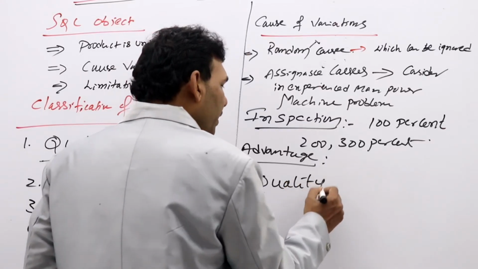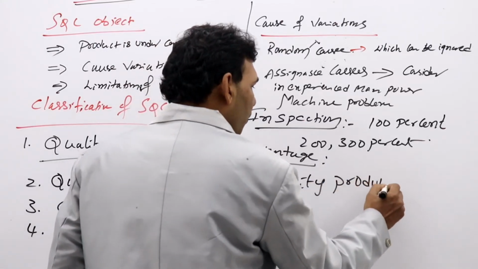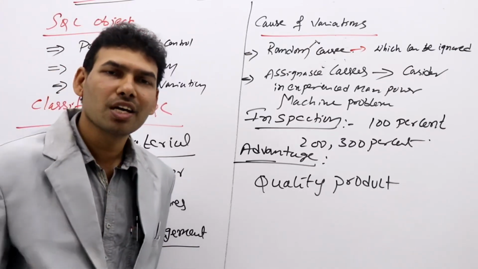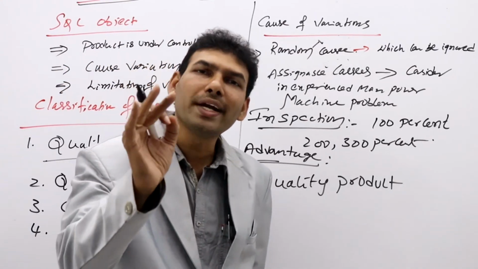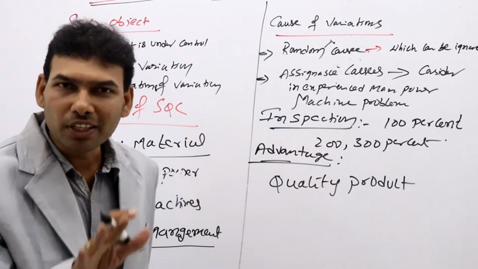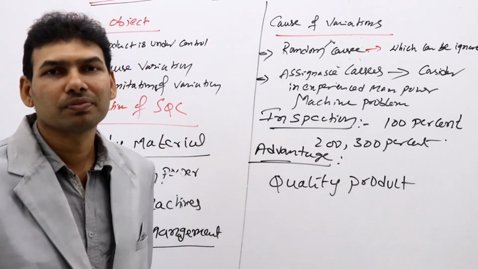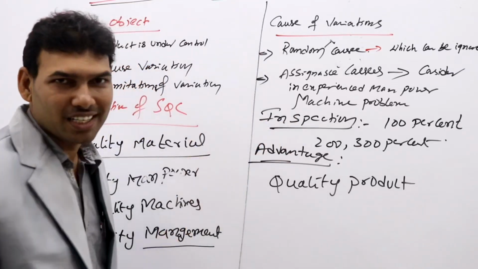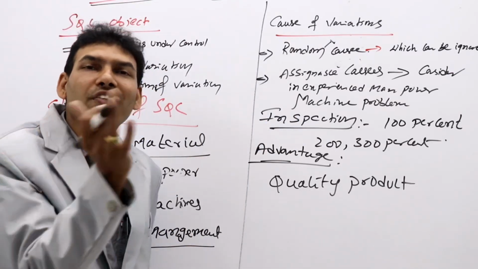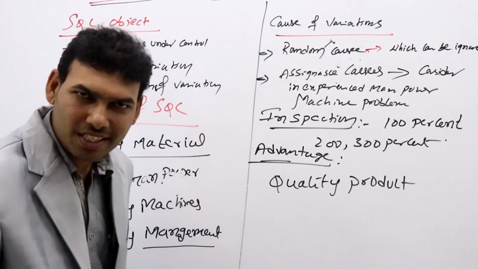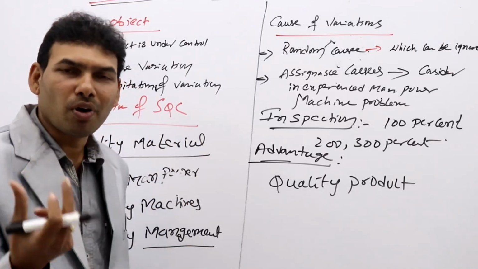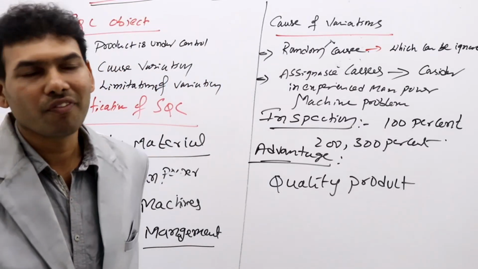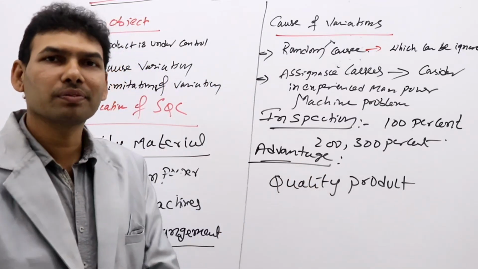The one-word answer for the advantages of SQC is to have a good quality product without any defects, without any variations. There are no returns. If you buy a product, no need to return it for some reason, when you have a quality product.